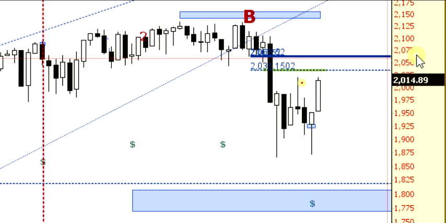Now, again, I don't want to get too far into the weeds here, but the question really is, did the 5 wave down already happen, and now we're in a larger degree wave 2 up, or are we still in this first move down?